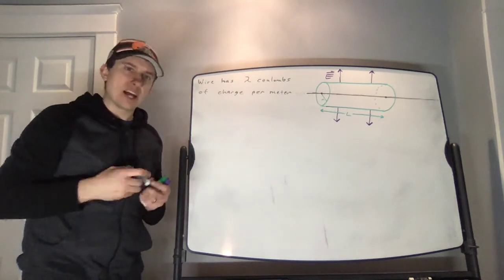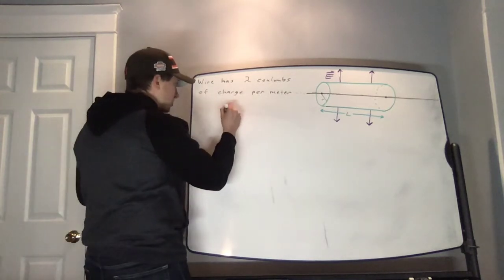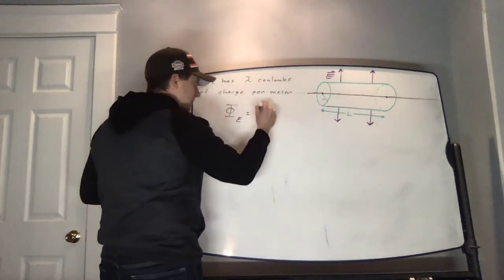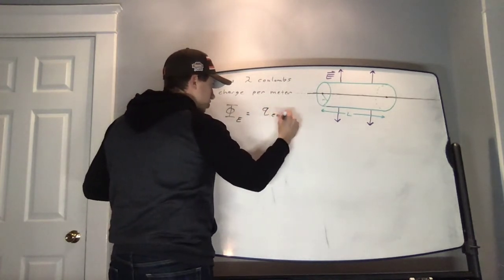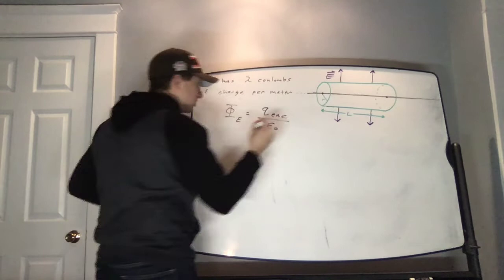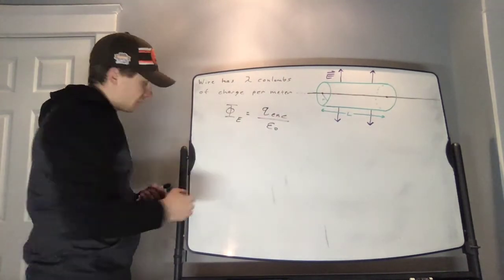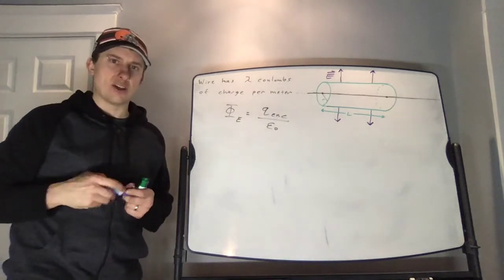We're going to now apply Gauss's law. So Gauss's law says the total flux through a closed surface is equal to the total charge inside that surface divided by a fundamental constant of nature. Let us first look at the left-hand side of Gauss's law.